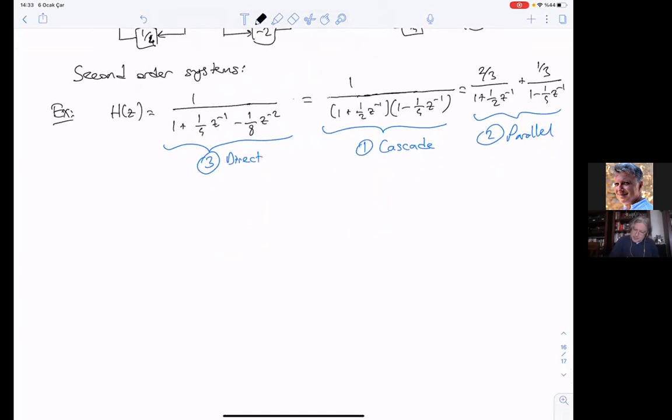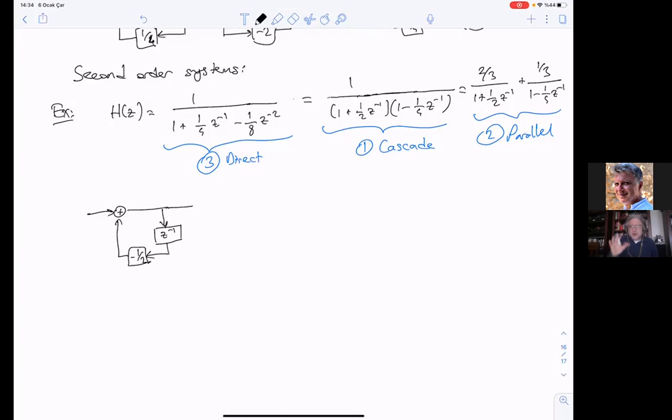The cascade realization is simple. There is a 1 over 1 plus 1 over 2 z inverse, the first part, which will be very easy for us to draw. It's simply a delay times minus 1 over 2 with this kind of a feedback.